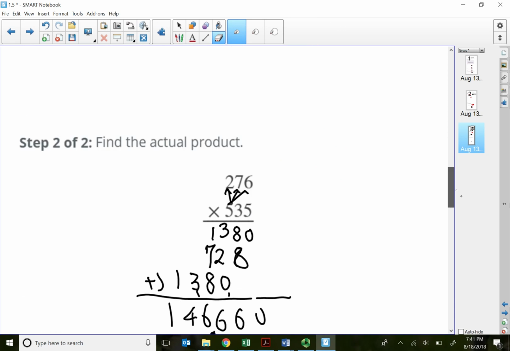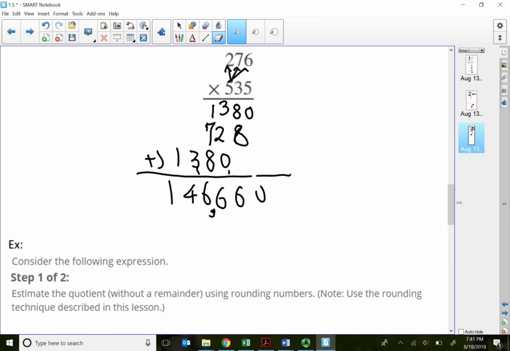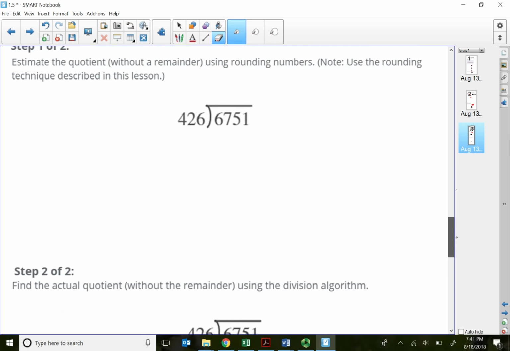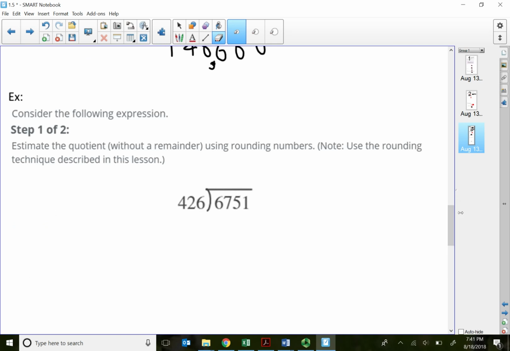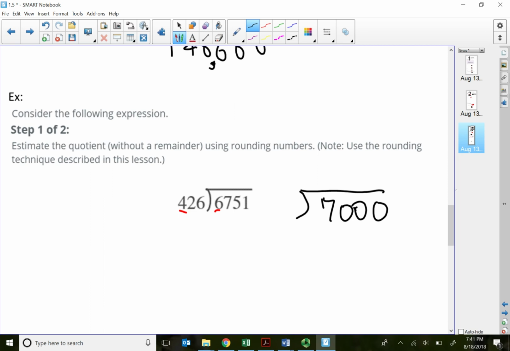Pretty close, pretty close. Now let's take a look at division. Same idea. Leftmost non-zero digit. I always do the inside first. All right, the 7 will make my 6 go up, so that's about 7,000. The 2 will make my 4 stay the same, so that's about 400.